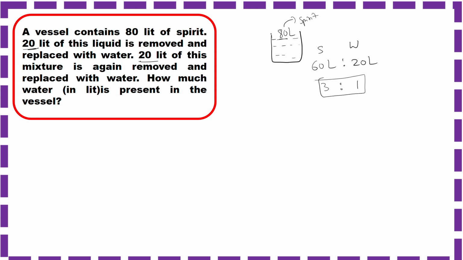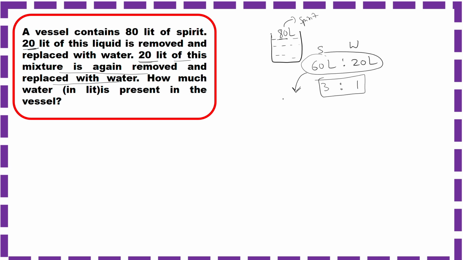Now what happened? 20 liters of this mixture is again removed and replaced with water. So this mixture we have 60 plus 20, and from this mixture 20 liters is removed. In the previous slide we learned about replacing.